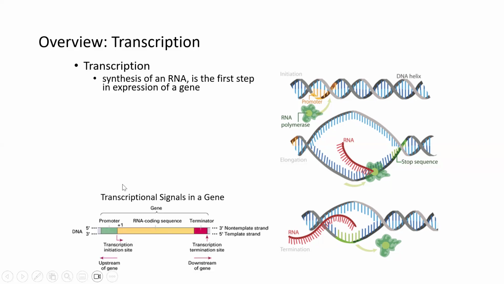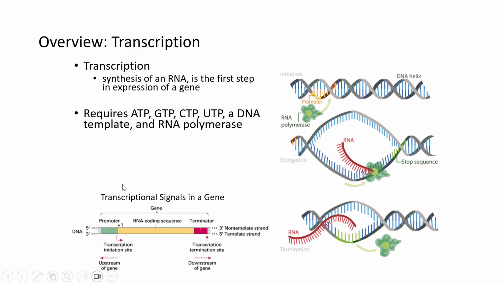When we have this, it requires different NTPs, including uridine triphosphate, a DNA template, and an RNA polymerase. Within a gene, there are different regions.